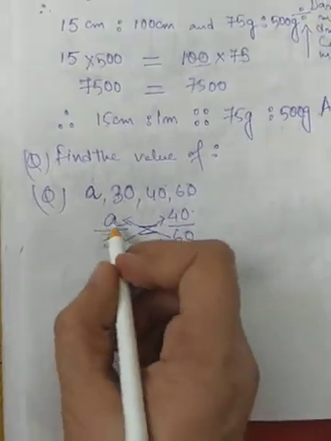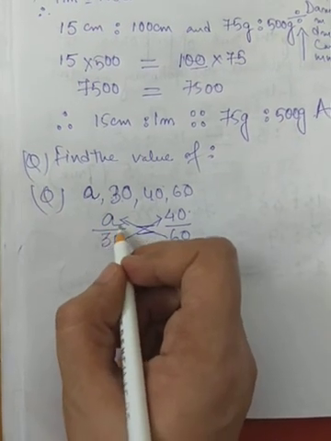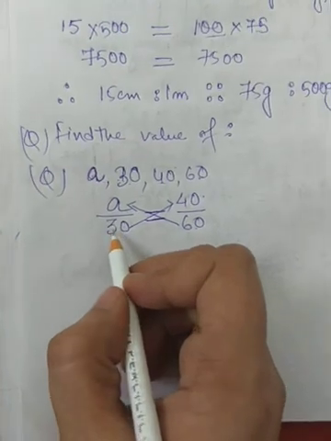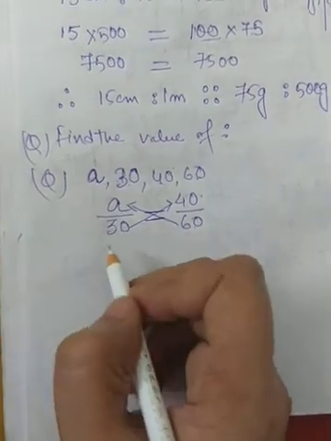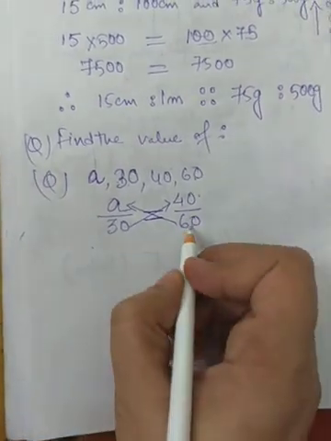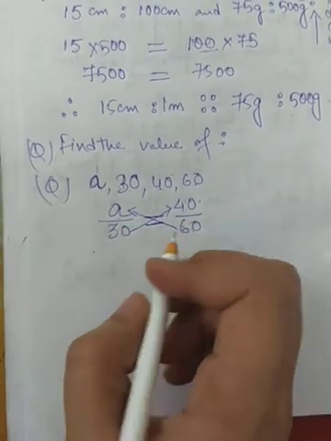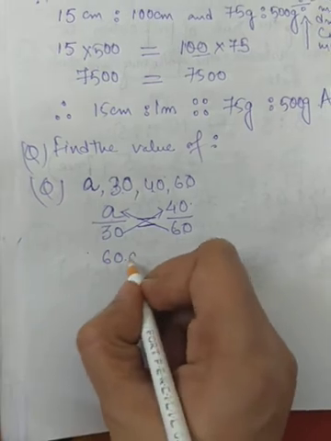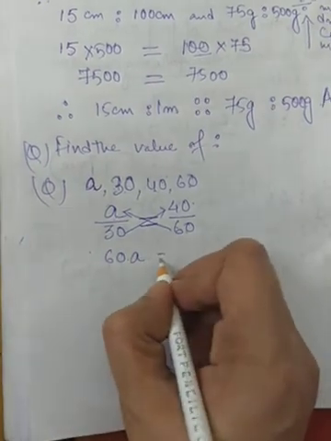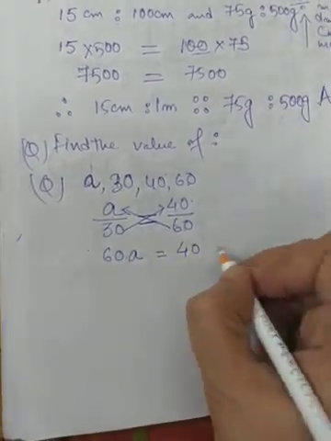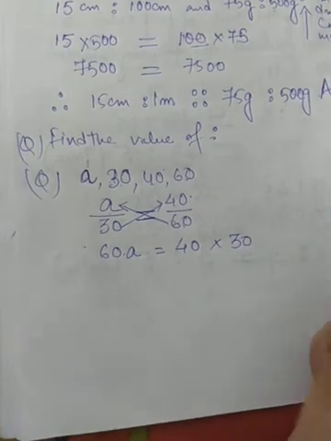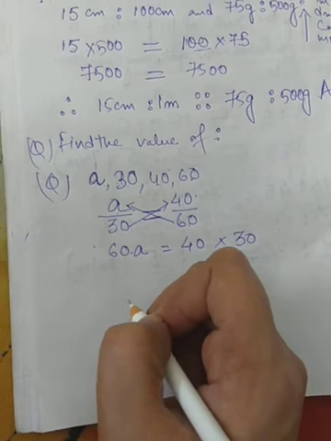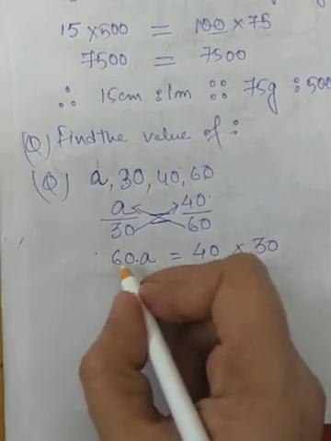And this is the variable whose value I need to take out. We will always try to put the variable on the left hand side. Okay, so we are doing cross multiplication. So it is 60 into A, or 60A is equal to 40 into 30. Clear? Now this is in the multiplication sign A.